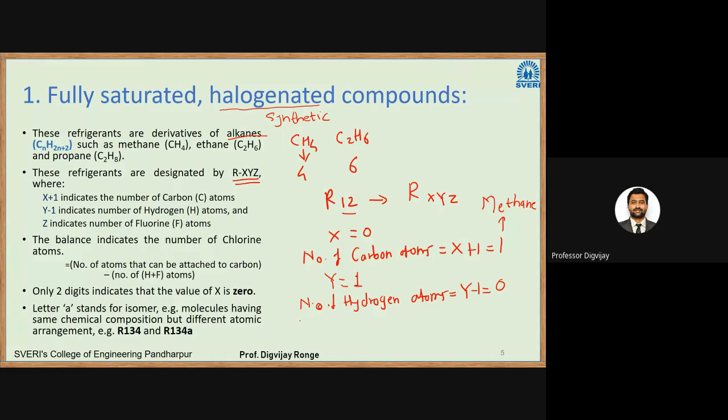Again, Z indicates the number of fluorine atoms. So Z here is 2. So the number of fluorine atoms will be equal to 2. How to calculate the number of chlorine atoms? So I will continue here.